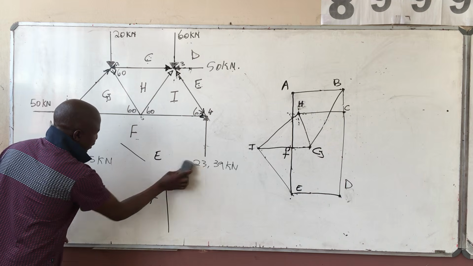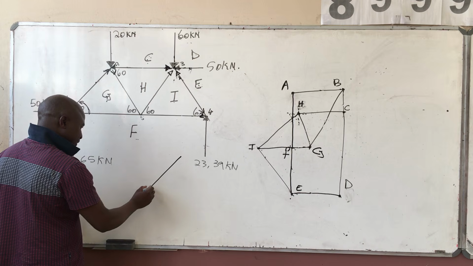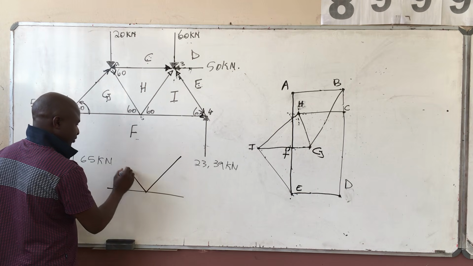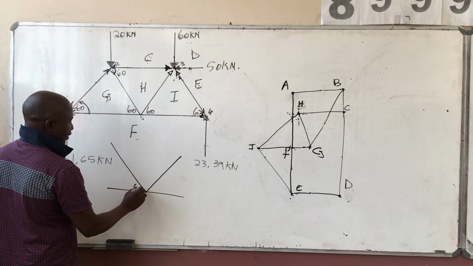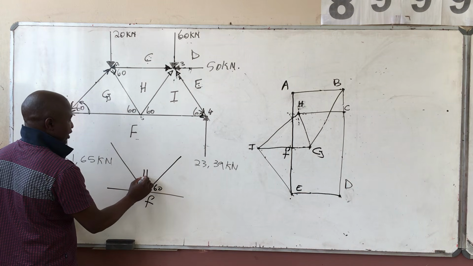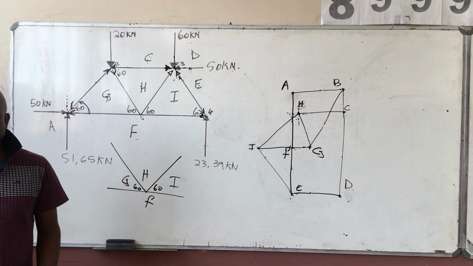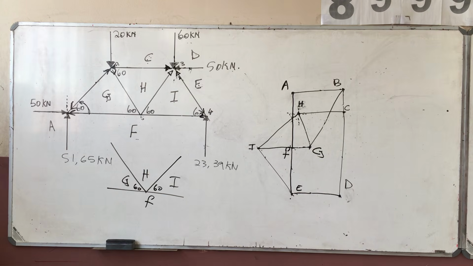After taking out that arrow, we draw the last point. On the last point, we have 60, F, H, I, and G. So this one, we have all of them unknown.